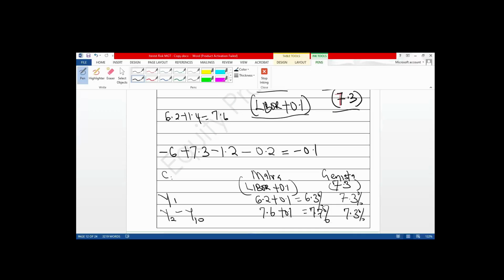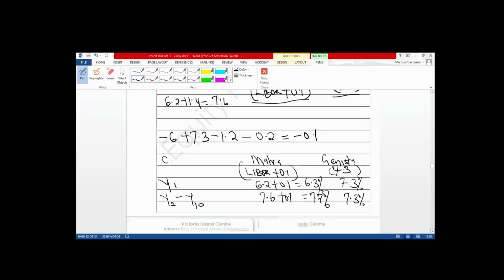If LIBOR should increase, Magda will have a problem. You are done with your formats. You can just comment.